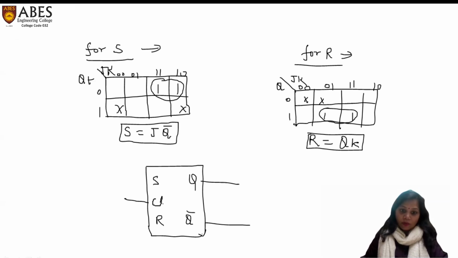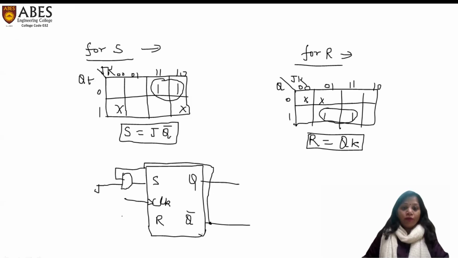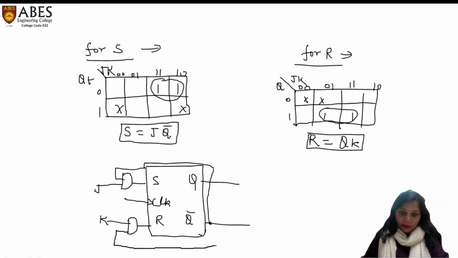So for S, this is J Q bar, so this is the AND gate. One input is J and another input is Q complement. For R, we have Q into K. One input is K and another input is Q.